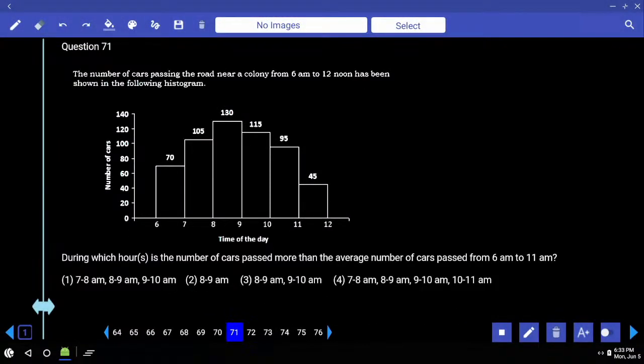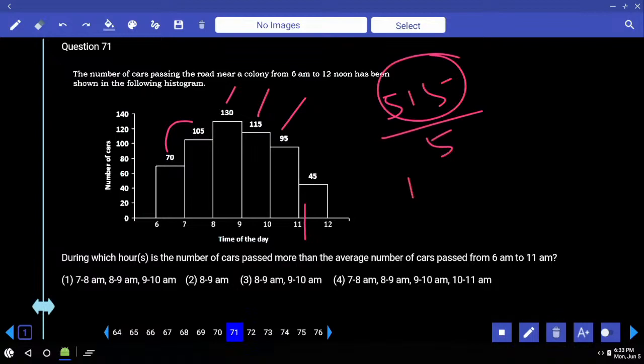Let's do this one properly. During which hour is the number of cars passed more than the average number of cars passed from 6 to 11? How many cars? 70, 105, 175, 305, 420, 420, 515. 515 cars, average is 103. So, during which hours is it more than the average?